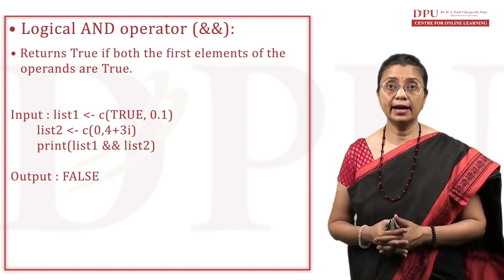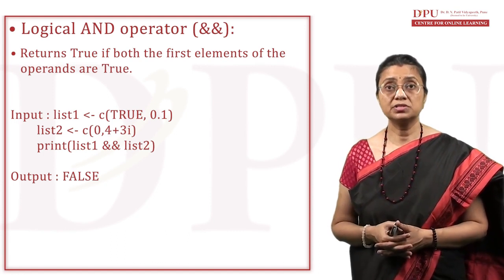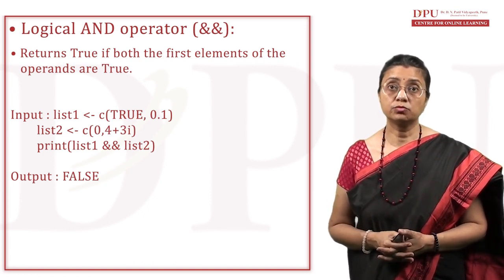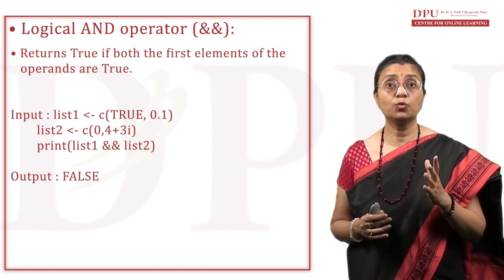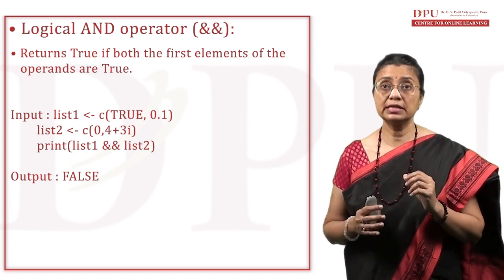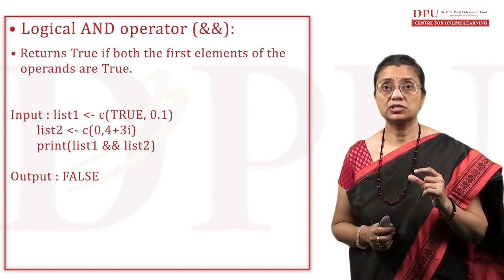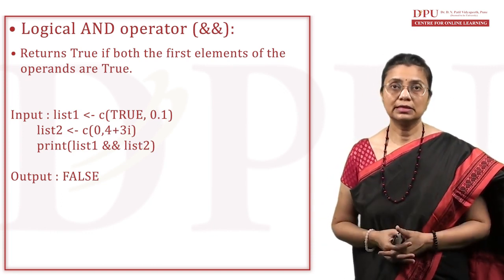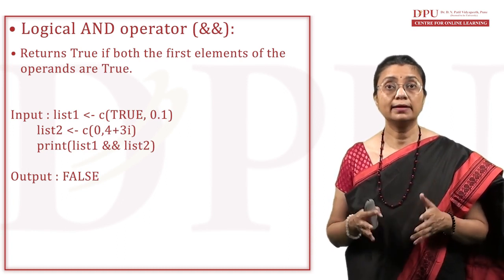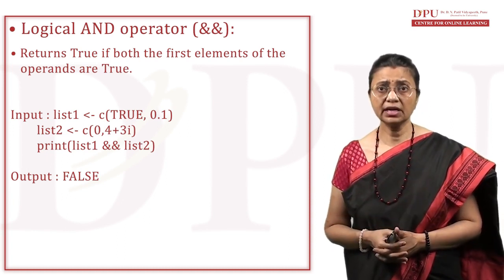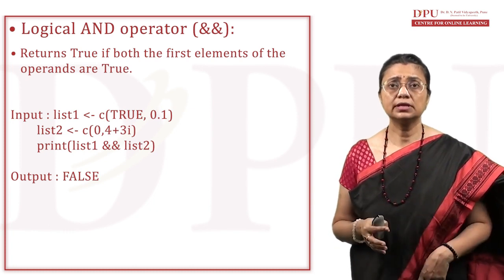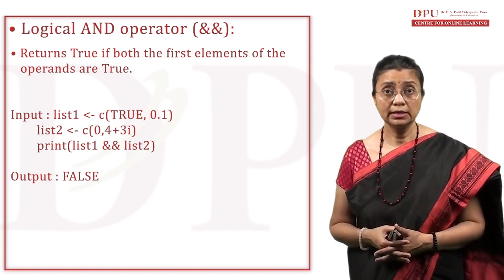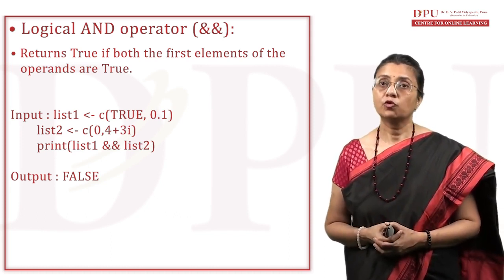Likewise, we have the logical AND operator. It returns true if both the first elements of the operands are true. So it will return true only if both the first elements of the particular lists are true. You can see here that the logical AND operator is denoted by a double ampersand, and list 1 is having a vector true, 0, 1, 0.1, and list 2 is having a vector 0, 4 plus 3i.